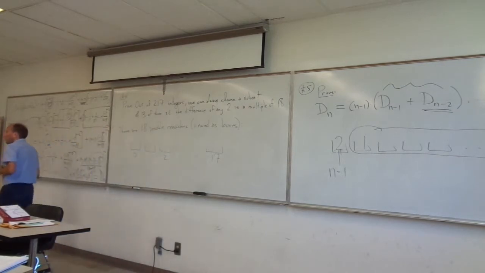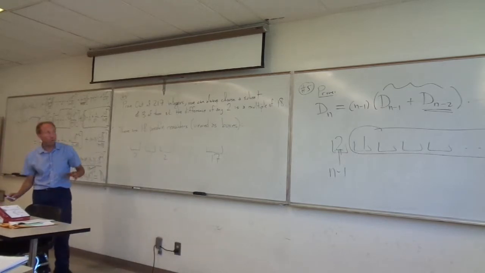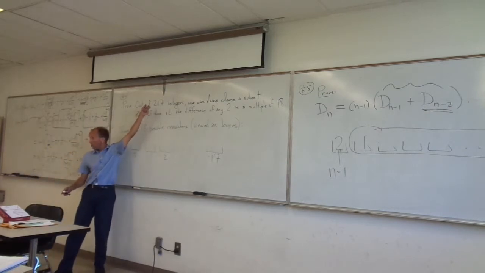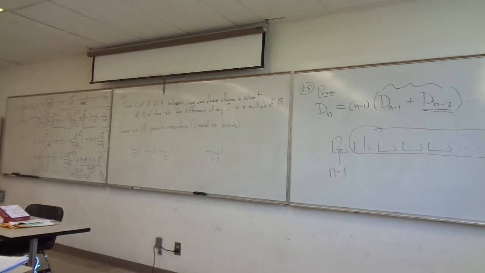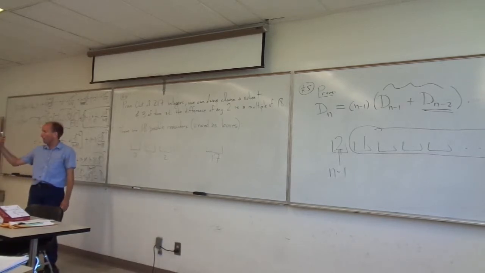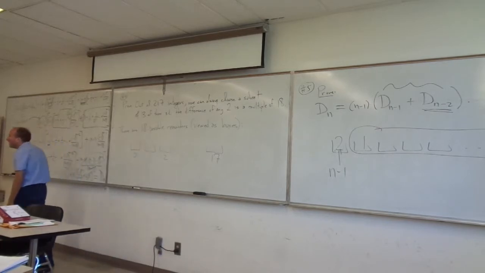One thing with the pigeonhole principle, if you're going to use it, make sure you're explaining how you're putting pigeons into boxes. So you take each of these 217 pigeons and put it into a box by figuring out each number's remainder. It's also called a congruence class if you've taken abstract algebra.